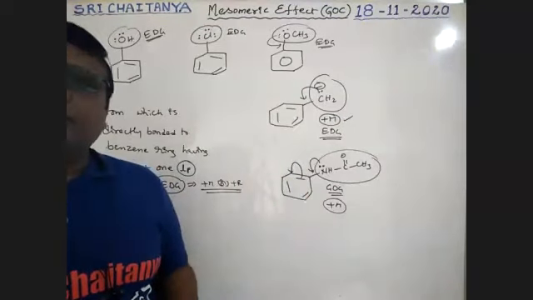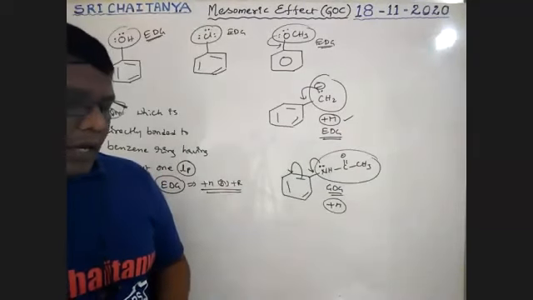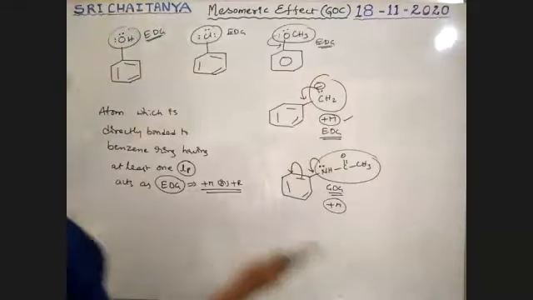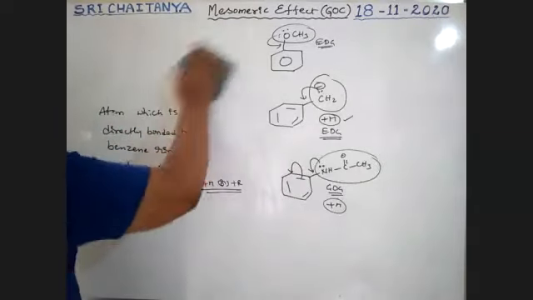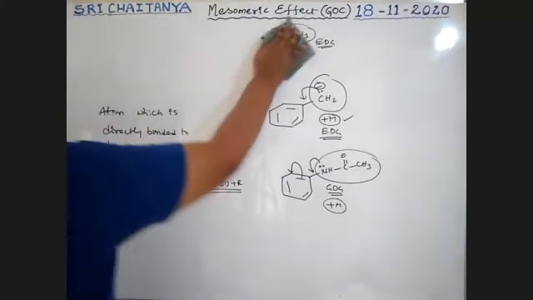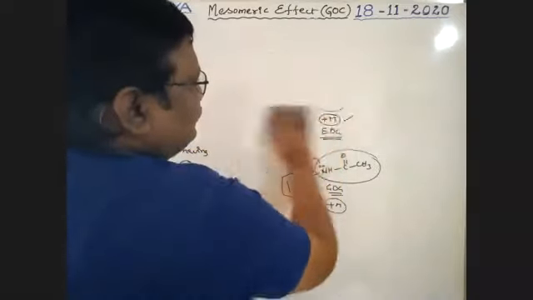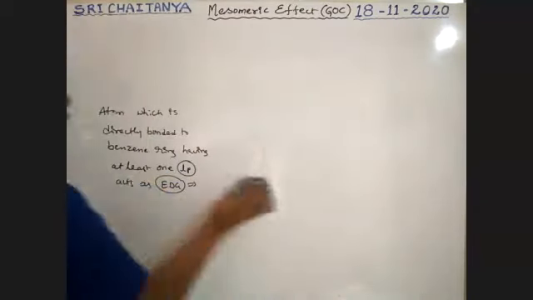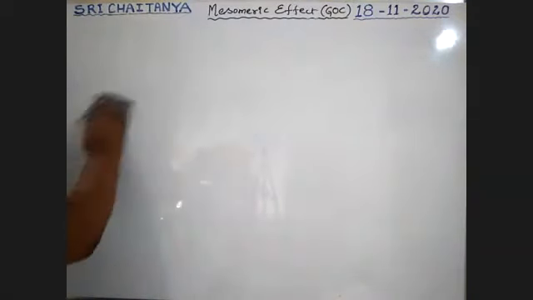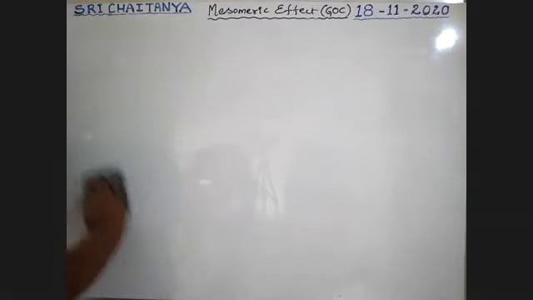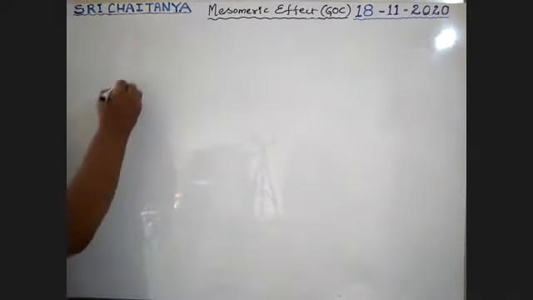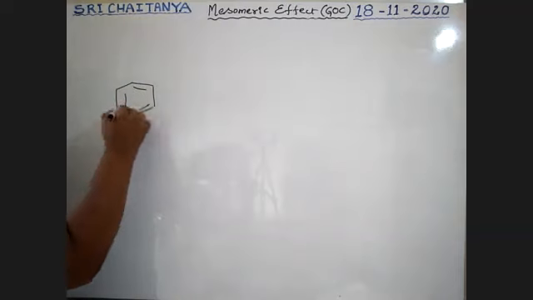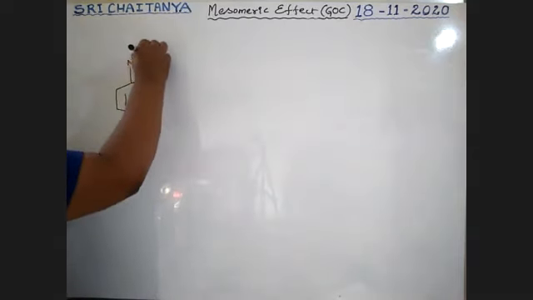Now I am taking electron withdrawing tendency. Okay. See here. Let us observe. This is benzene ring, boys. This is bonded to NO2 group.